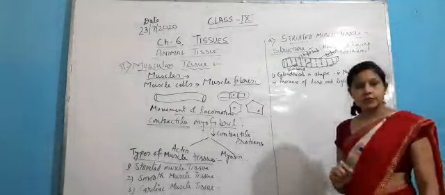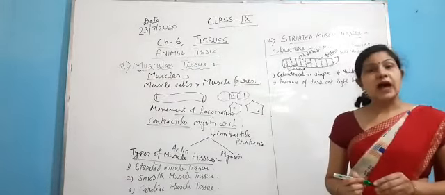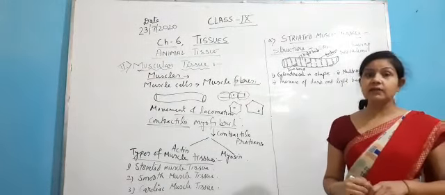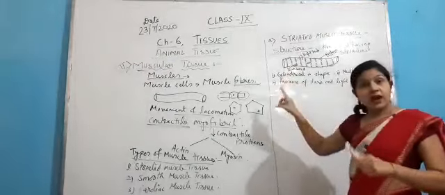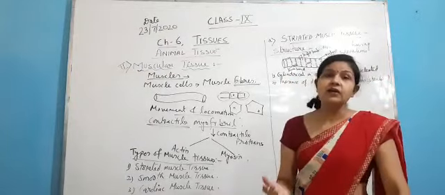So striations are present which are formed by the dark and light bands. And what are these dark and light bands? These dark and light bands are formed by the arrangement of proteins, actin and myosin.